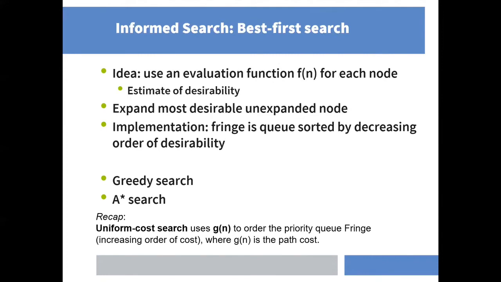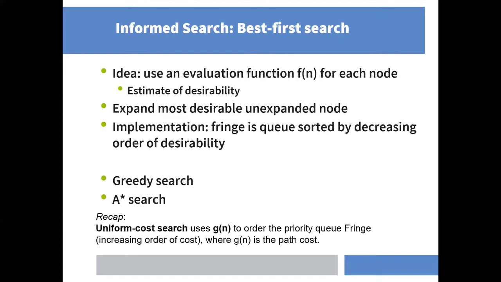Best first search is the general approach we consider for heuristic search. A node is selected for expansion based on an evaluation function, f of n, wherein f of n is an estimate of the desirability of a node.